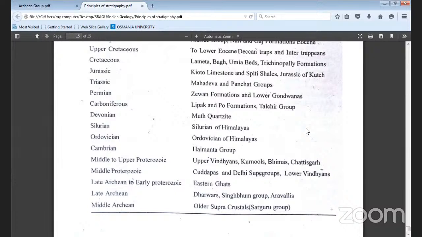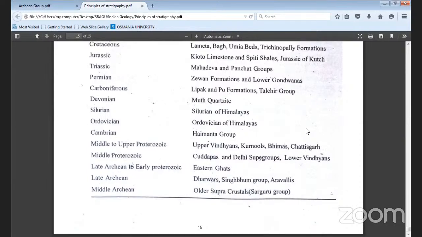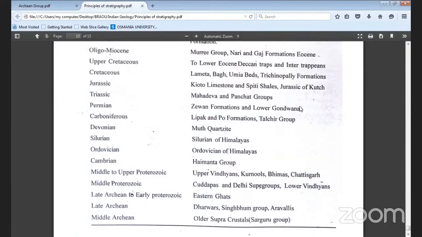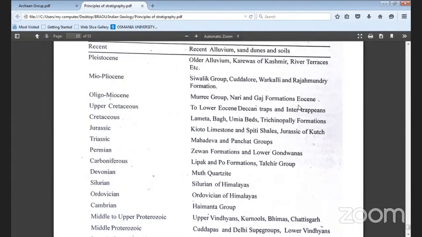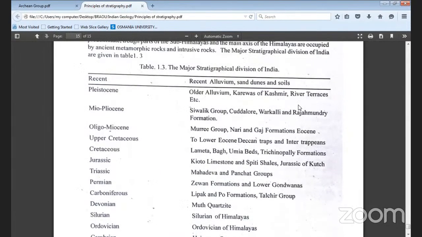Middle Proterozoic has the Cuddapah and Delhi supergroups, lower Vindhyans, and late Archean into the early Proterozoic has the Eastern Ghats. When you go into the late Archeans, there are Dharwar, Singhbhum, and Aravalis, and the middle Archeans have the older supracrustals called the Sargur group. These are the stratigraphic divisions of our Indian continent.